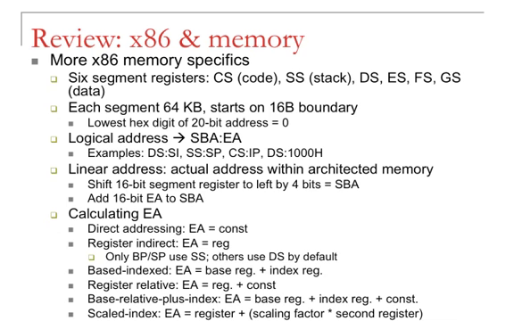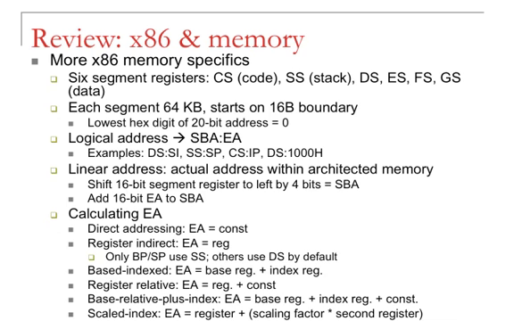To calculate the effective address, we may have different ways. That depends on the addressing mode used by the instruction. The simplest way is direct addressing, where you have a pair of brackets, and within the brackets you have an immediate value or constant number. That's called direct addressing mode, and the effective address is the immediate value.